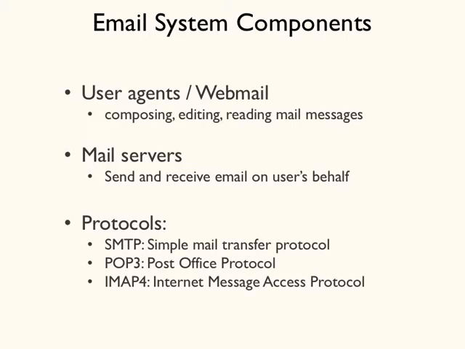Those agents can be standalone, something like Outlook, or web-based mail like Gmail or Yahoo.com. When you use Gmail or Yahoo.com, you're not running any special standalone email application on your computer. You're just using a browser. There are some differences, and it will make the forensics different too.